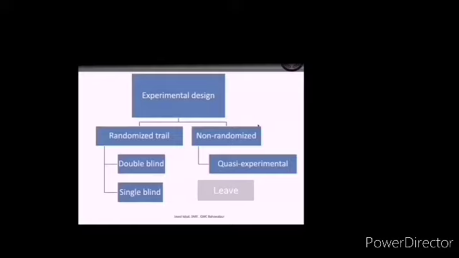If we decide it on our own choice, the researcher's choice, then this type of study will be called non-randomized. And normally that's what happens in most of the studies.